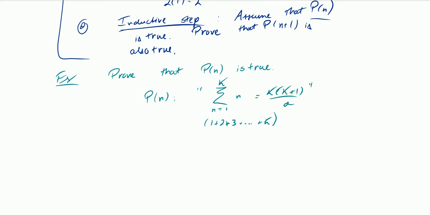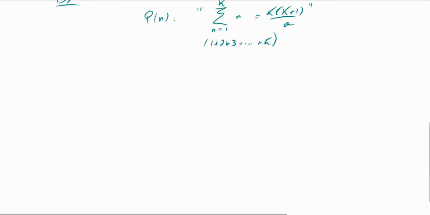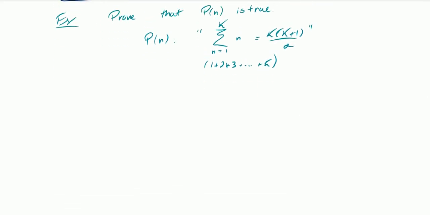That's what I want to prove. So what do I have to do in a proof by mathematical induction? First, I need to do my basis step. And I actually forgot to mention in this question that this statement applies for n greater or equal to 1. So I'm trying to prove the statement Pn for n greater or equal to 1.